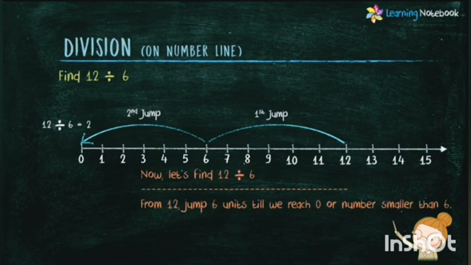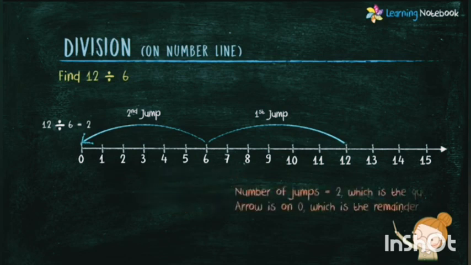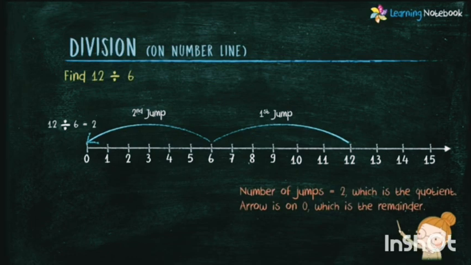Therefore, in this example, the number of jumps is 2, which becomes our quotient, and the number where the arrow stops becomes the remainder, which is 0 in this example. So students, this is how we do division on the number line.